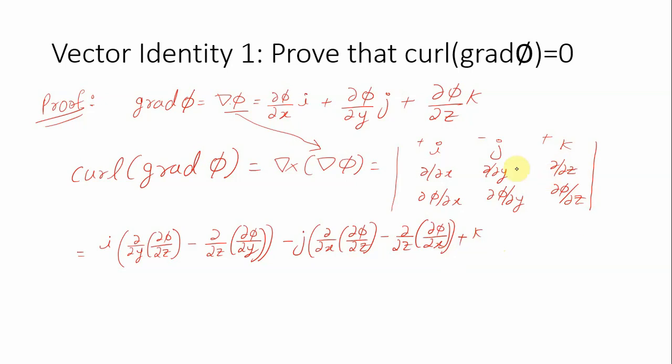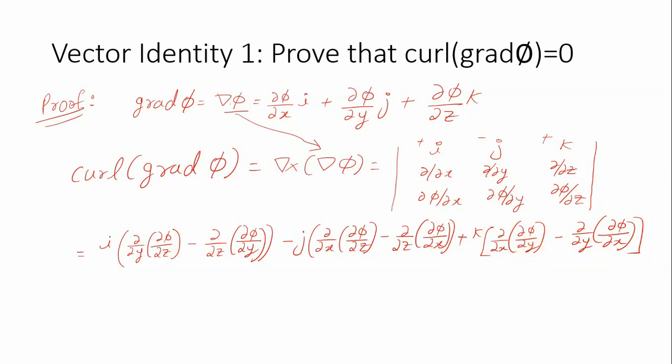Leave this row and column, students. So I will take this as dou upon dou x dou phi upon dou y minus dou upon dou y into dou phi upon dou x. So we have cross multiplied this. Using the determinant formula we get this equation.